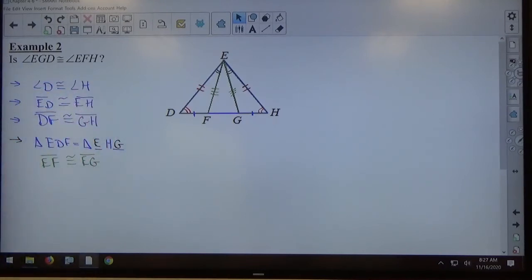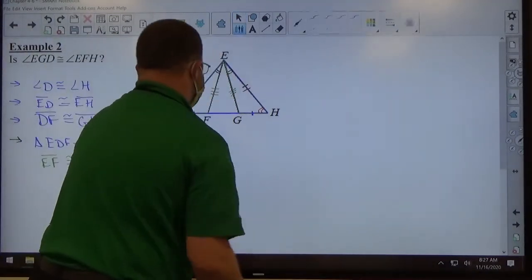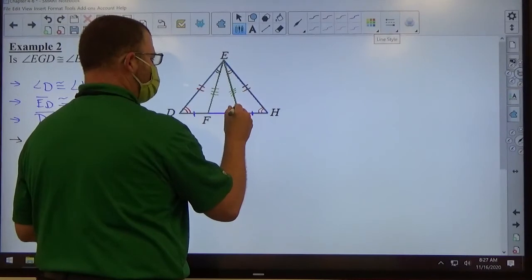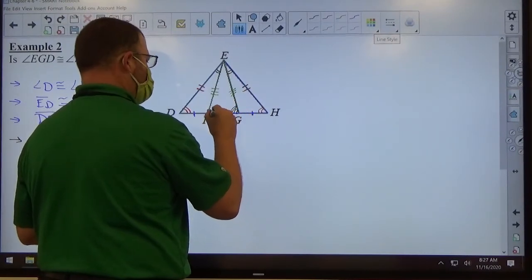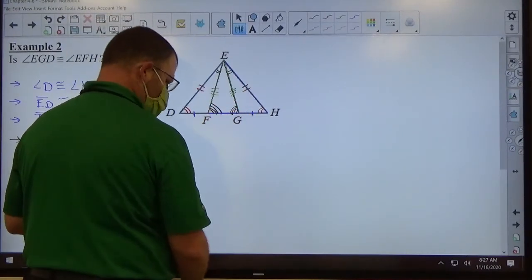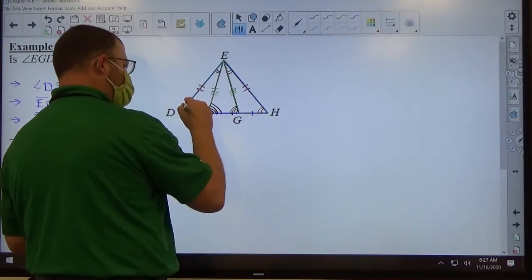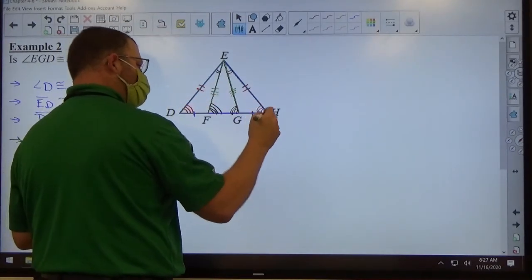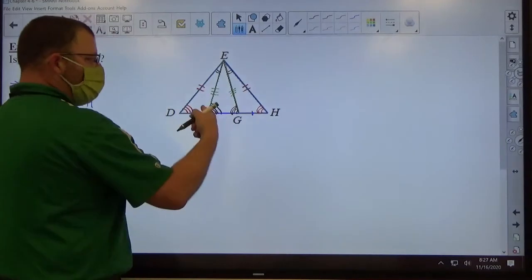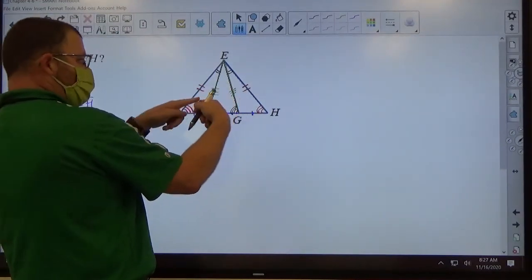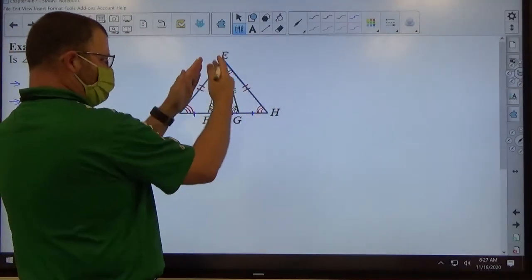And once I know EF is congruent to EG, then I know the two angles down here, specifically this angle and this angle, I should have used 2 marks instead of 3 here. These are going to be congruent for the same reason D and H were congruent, right? These sides are congruent.